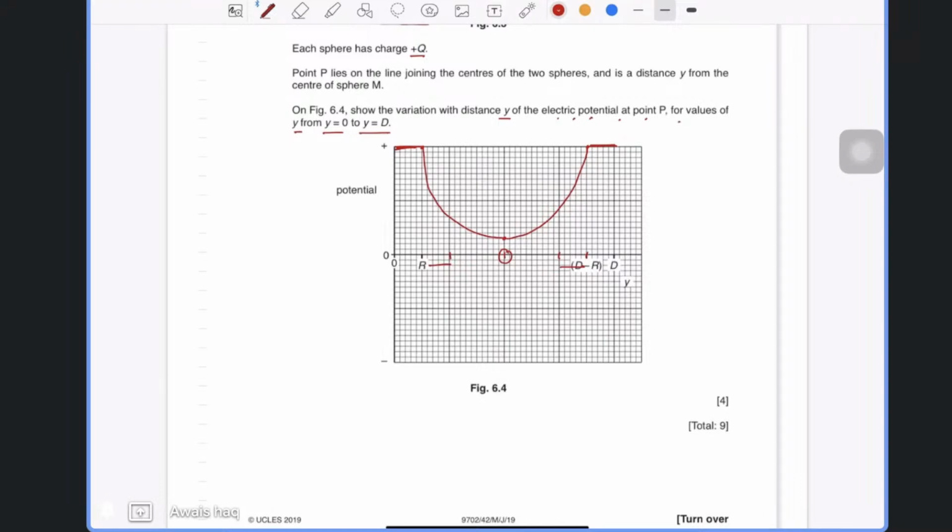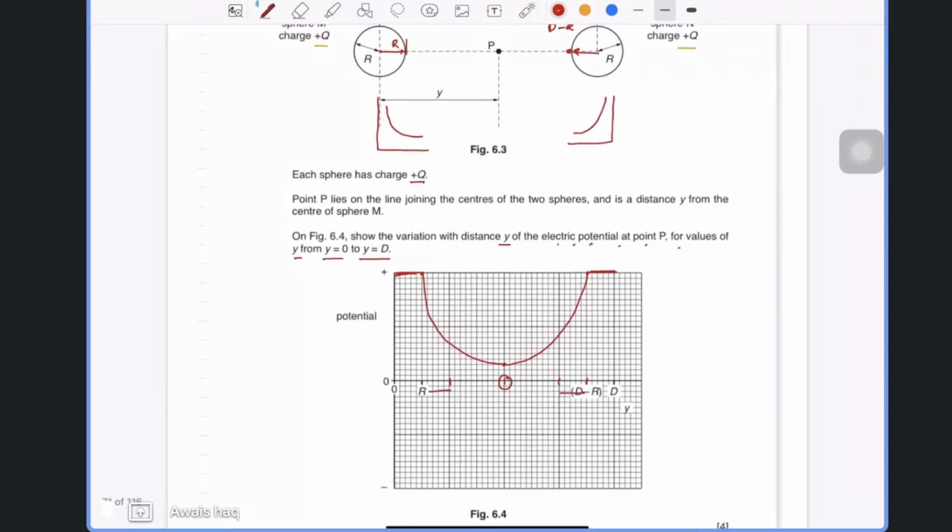Anything else you would like to ask from this? Please let me know. Just remember what Gatika is saying: within any sphere, the potential is constant, which means that till you reach the surface of the sphere, whether you're reaching from here or here, the potential value will stay constant like that. Is it clear?